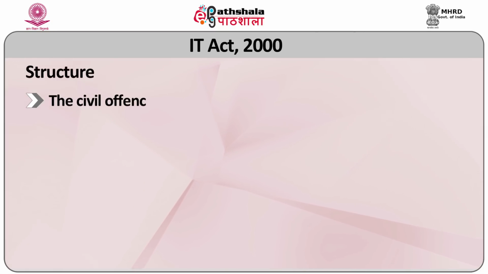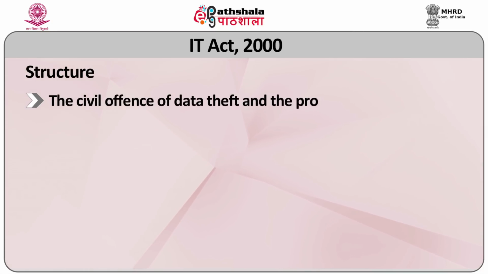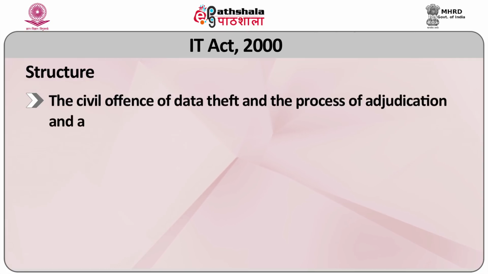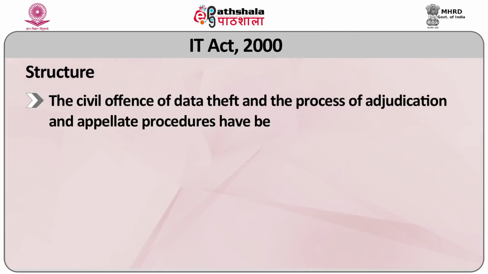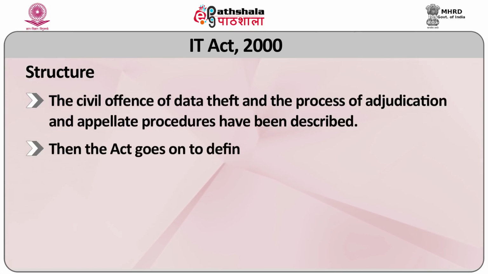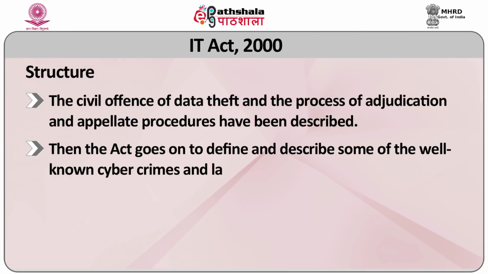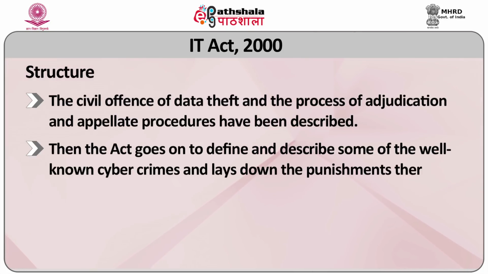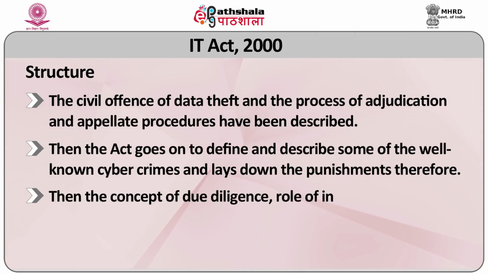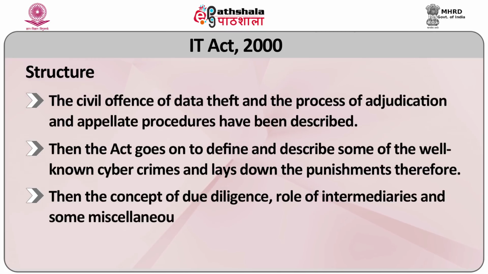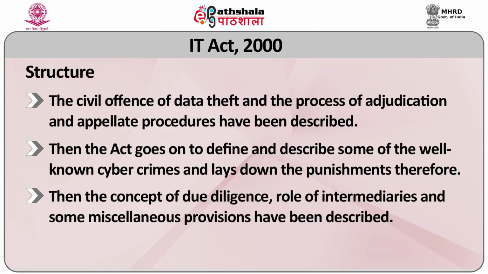The civil offence of data theft and the process of adjudication and appellate procedures have been described. Then the Act goes on to define and describe some of the well-known cyber crimes and lays down the punishments therefore. Then the concept of due diligence, role of intermediaries and some miscellaneous provisions have been dealt with or described in the preceding sections.